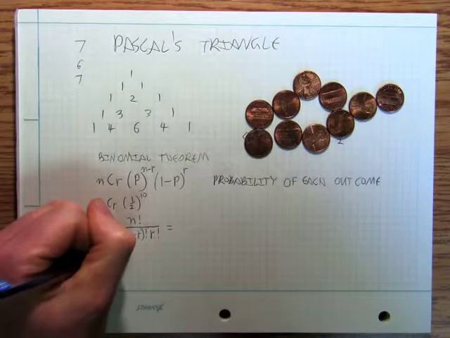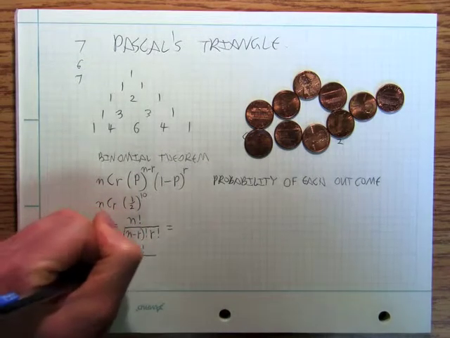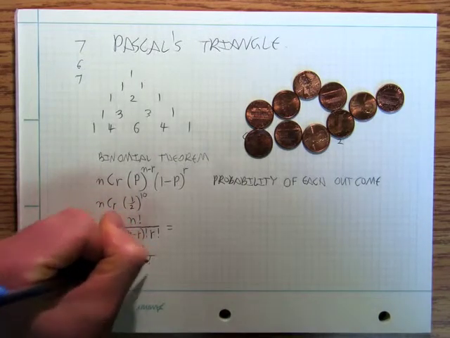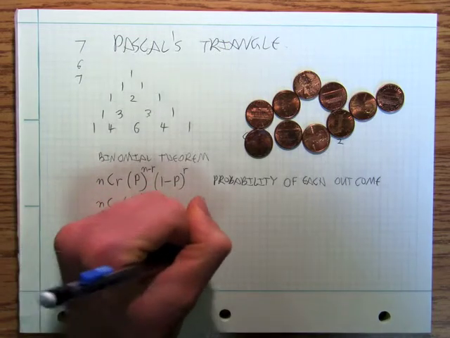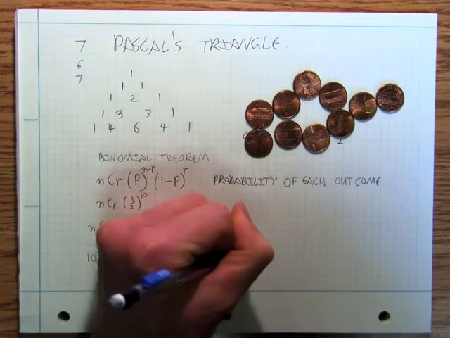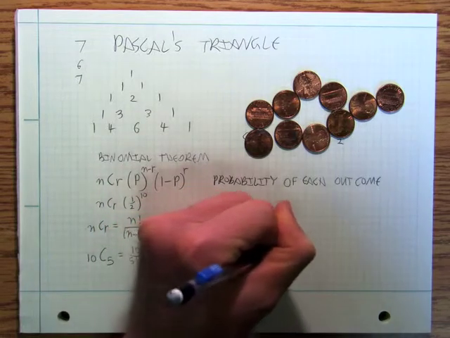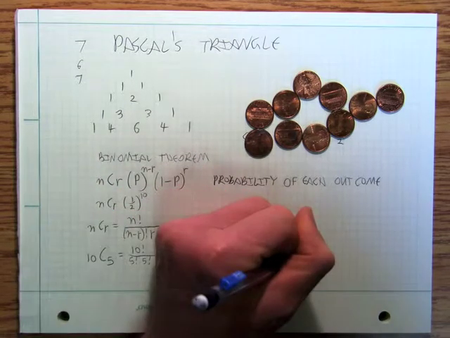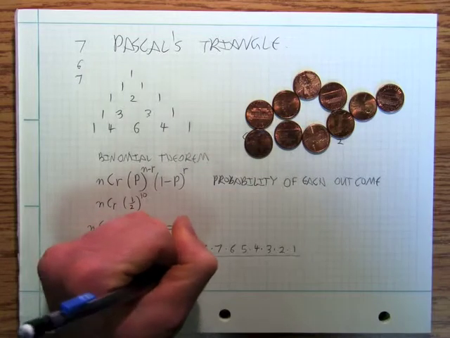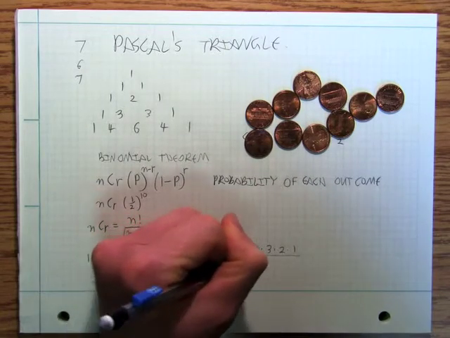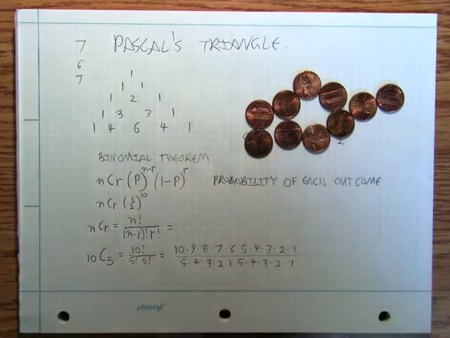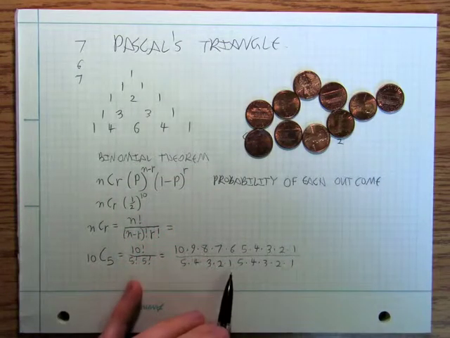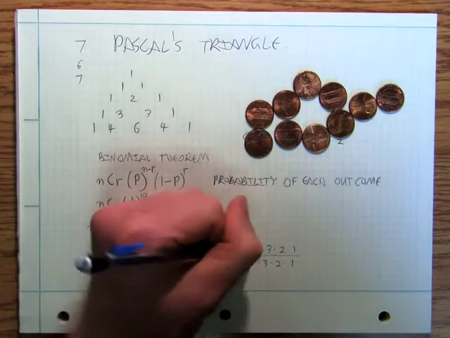Well, I'm going to go 10 factorial over 5 factorial over 5 factorial. So I'm going to go 10, 9, 8, 7, 6, 5, 4, 3, 2, 1 over 5, 4, 3, 2, 1, 5, 4, 3, 2, 1.